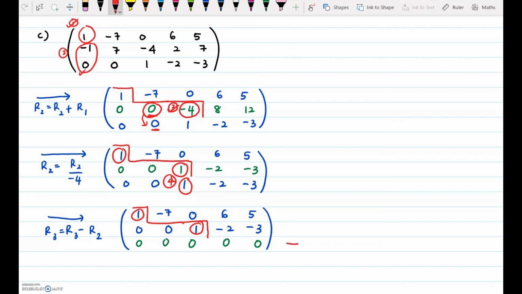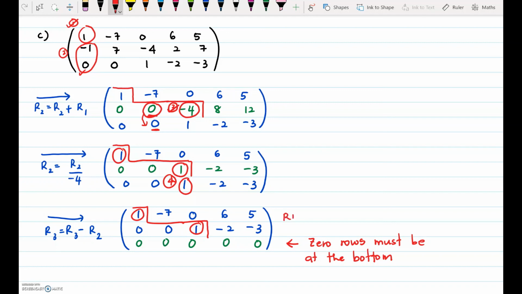If you can see here, your last row is a zero row. Zero rows must be at the bottom. So in this case you only have 2 leading ones. Make sure below your leading one is 0.